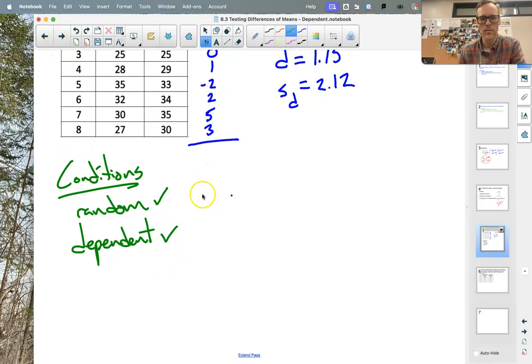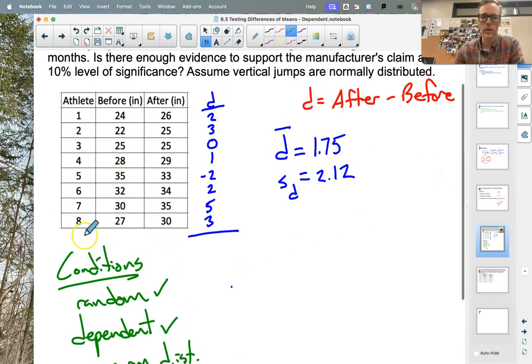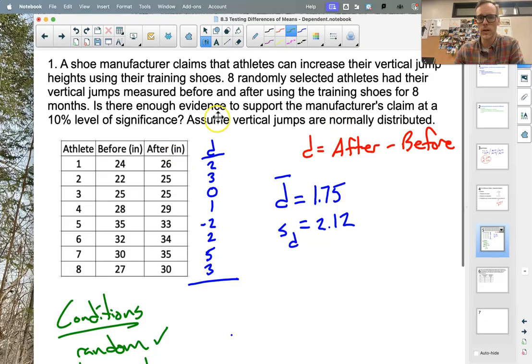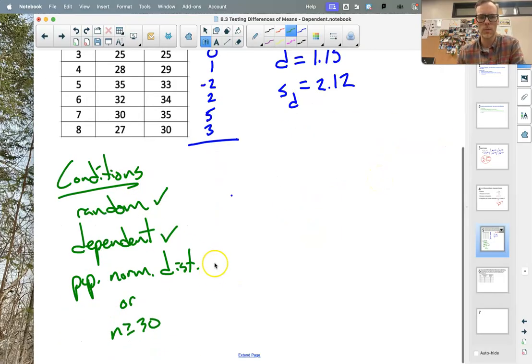That's a yes. And then is the population normally distributed, or is n at least 30? Well, n certainly isn't 30. We only have 8 data pairs, but I said it right here, assume vertical jumps are normally distributed. That would make sense for them to be. So we do have that. That's good.